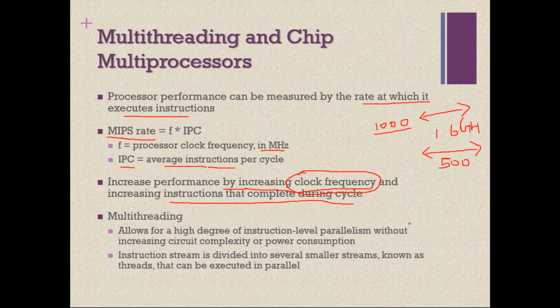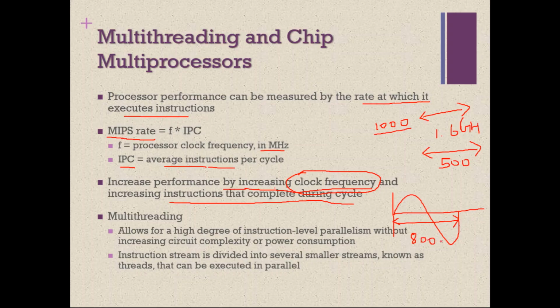Increasing the clock frequency means the duration of the cycle will decrease. Frequency is 1 by time, right? Say the frequency is 800 megahertz.